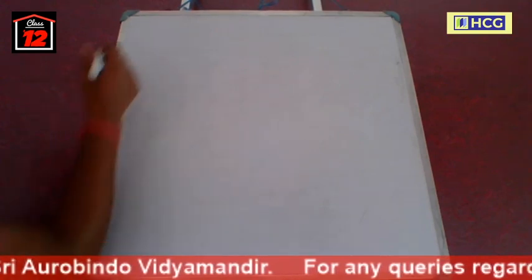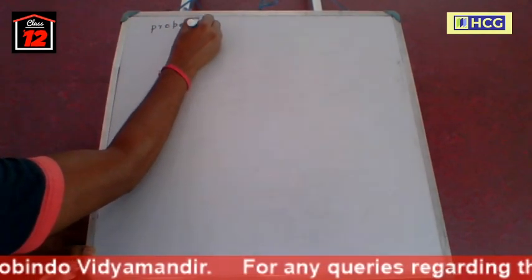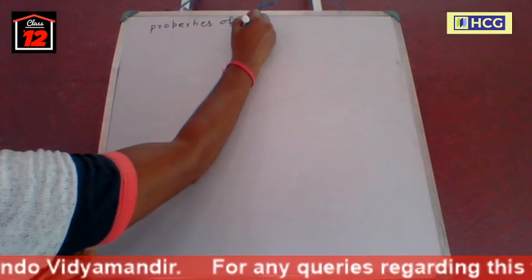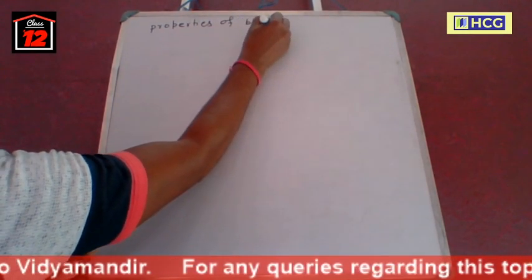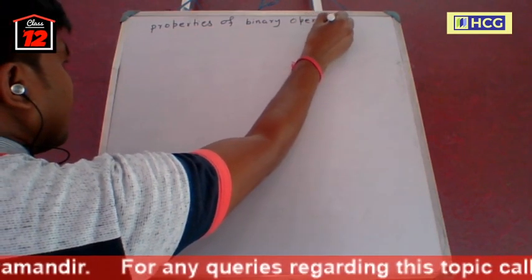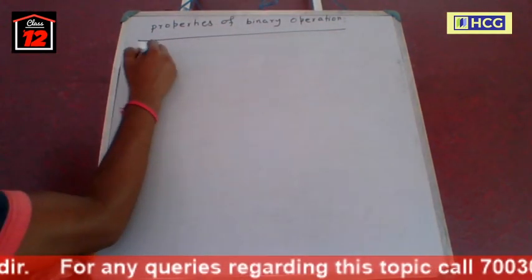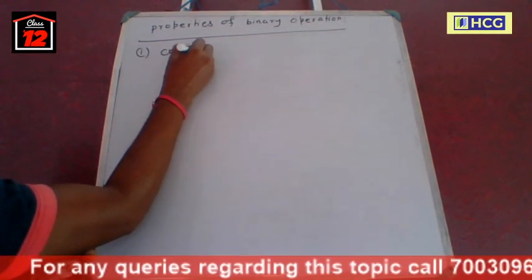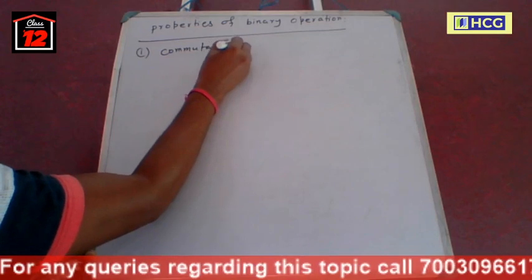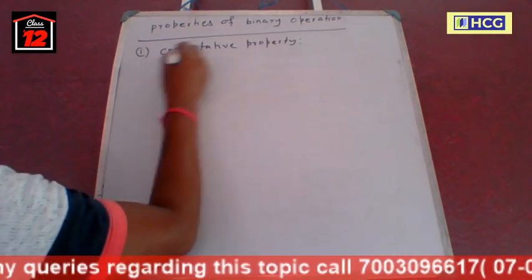Next we define properties of binary operation. The first property is the commutative property.